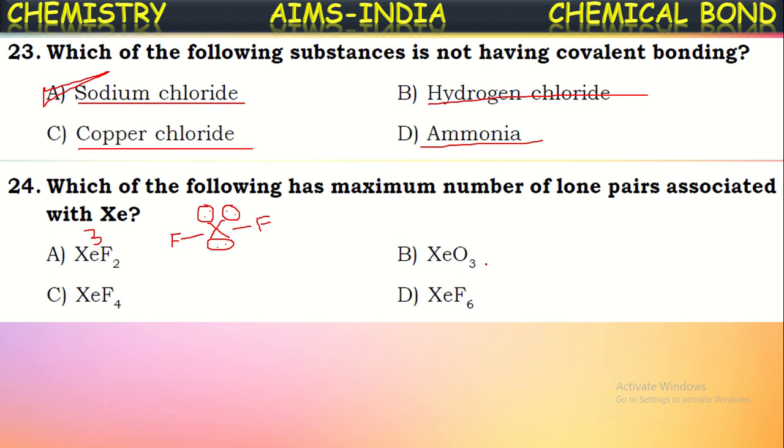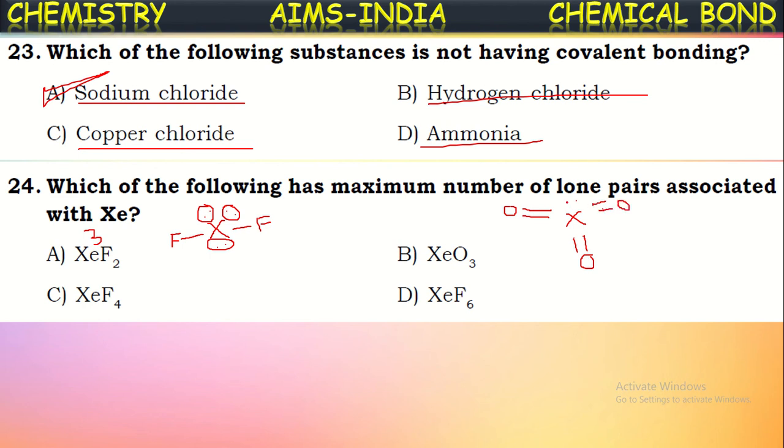Here the number of bond pairs increased and hence the number of lone pairs decreases. So simply we can say as the number of bond pairs in the central atom increases, the number of lone pairs decreases. Let us see here xenon. Xenon has 4 pairs of electrons, or 8 electrons. Out of these 8 electrons, 2 electrons will participate in the covalent bond formation with oxygen atoms.